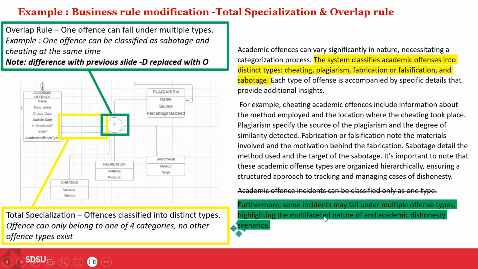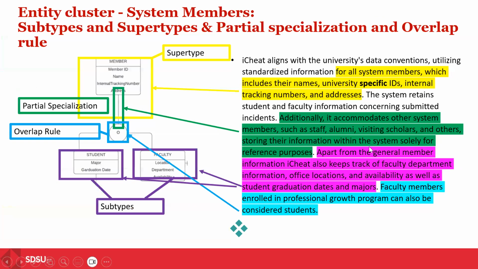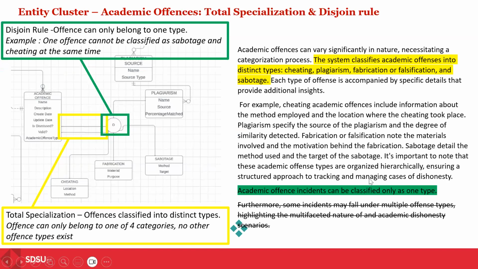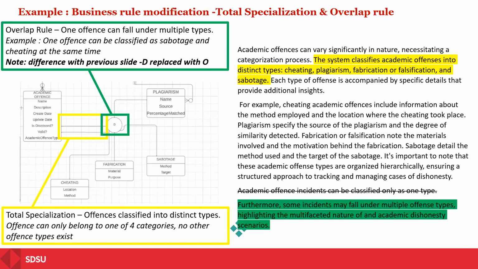Here's an example of requirements that can be used for that. Furthermore, some incidents may fall into multiple categories, highlighting the multi-faceted nature of academic dishonesty offenses. That means one offense can be two or more categories at the same time.